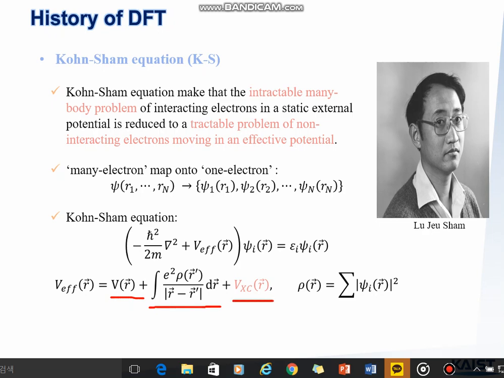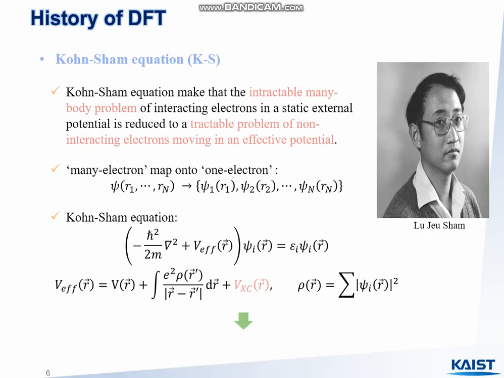The third term is the exchange correlation potential, which occurs by exchange of each electron. Here we have to approximate because we do not know exactly what form the exchange correlation potential has.